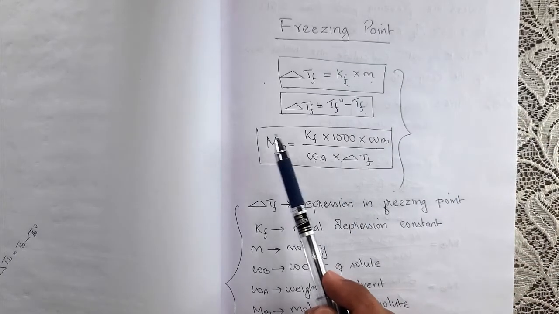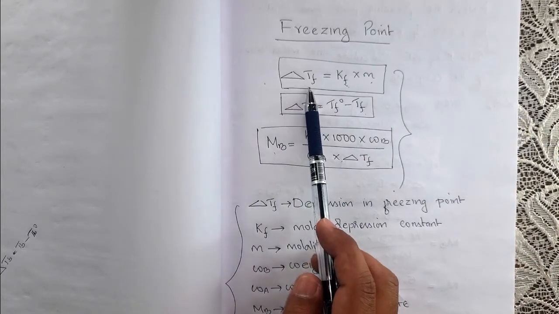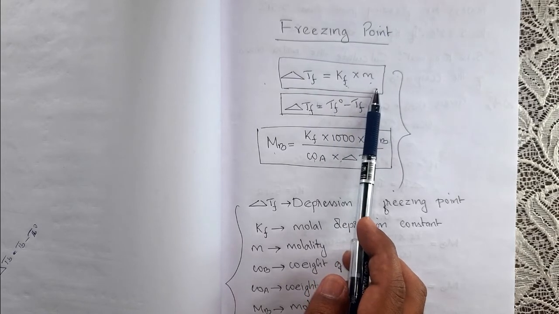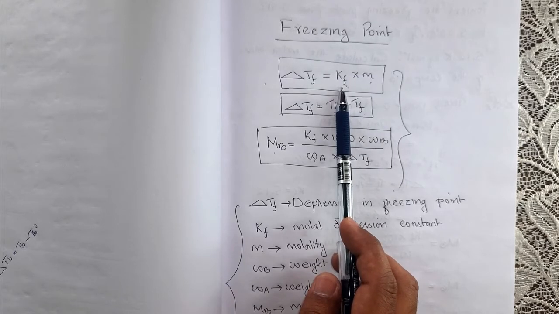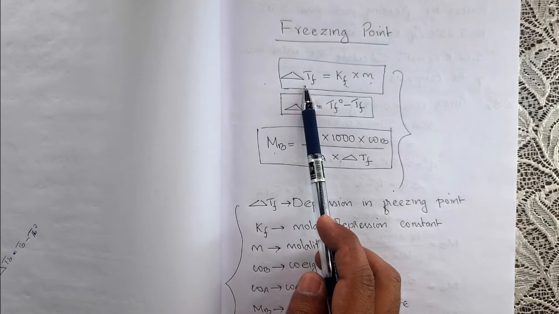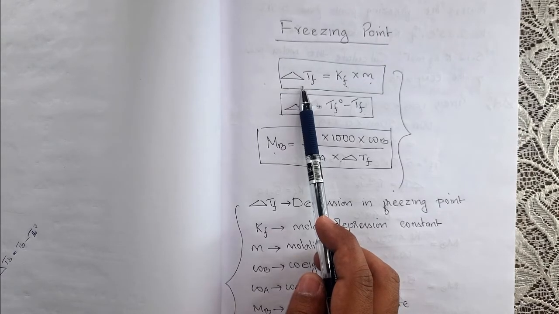So the first formula we have out here is delta Tf is equal to Kf into m, where small m is the molality. Kf is a constant. Delta Tf is depression in freezing point. Previously we have done boiling point, where it is elevation in boiling point. Elevation means it is increasing, whereas depression means it is getting lower.